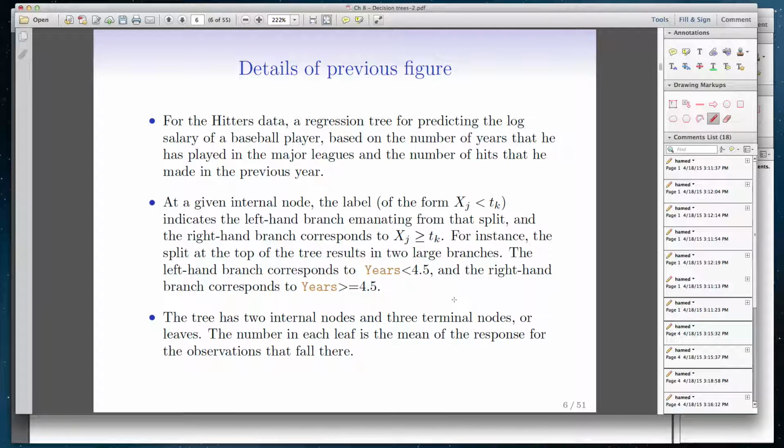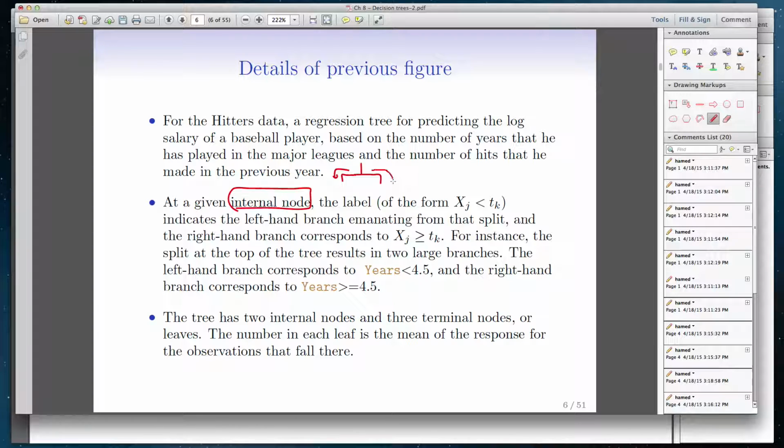So we try to show the hitters data on a scale of log, and that was why 6 represented a million. We saw that at a given internal node, where we had 2 internal nodes, years of experience and hits, the left-hand side represents whenever the condition holds.